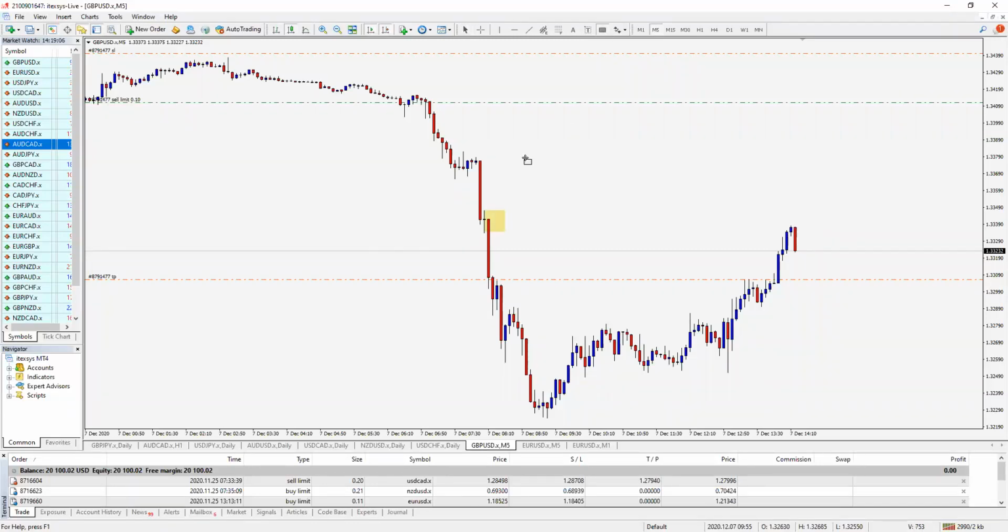But even more, we should see a reaction at that area. So if price goes all the way there, we will try to sell the market. Depending on how the market gets there, if it goes very aggressively to that area, it might just break it. But if it goes sideways and with slowing momentum, we will look to short the market.